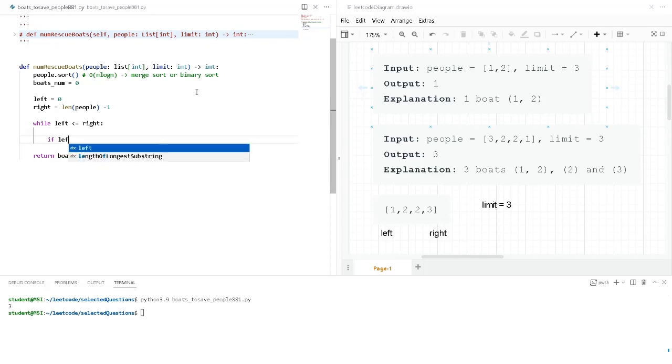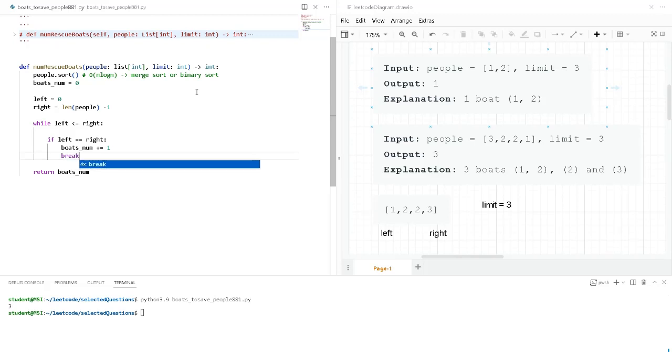Okay, so if however one person is left in the list, then we will count the boat and then break from the loop.